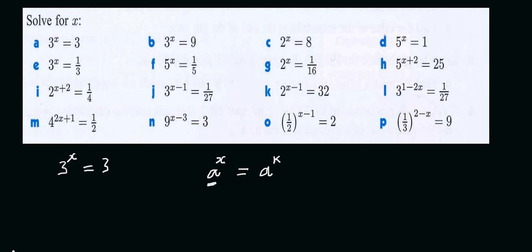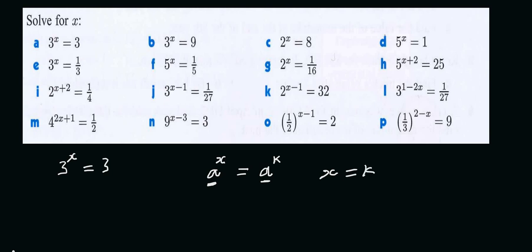If you have the same base, the exponents will automatically be equal. So we can now say x is equal to k.